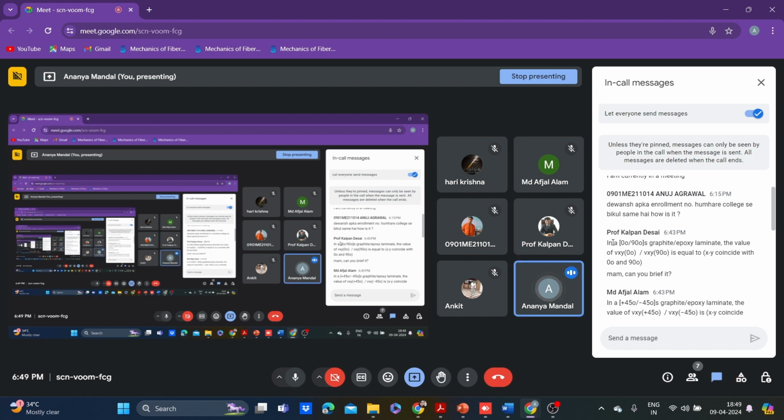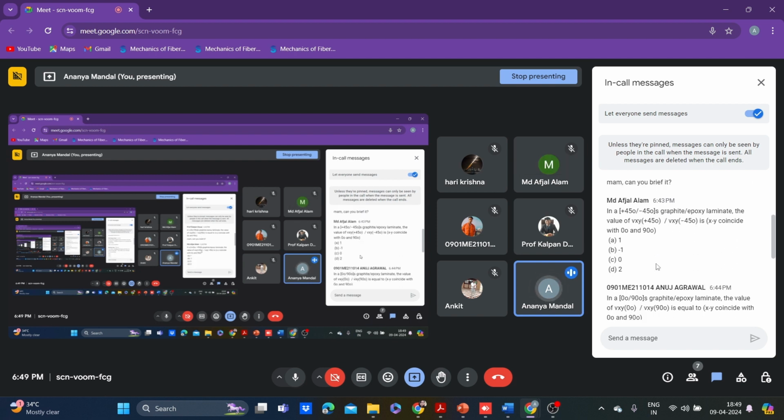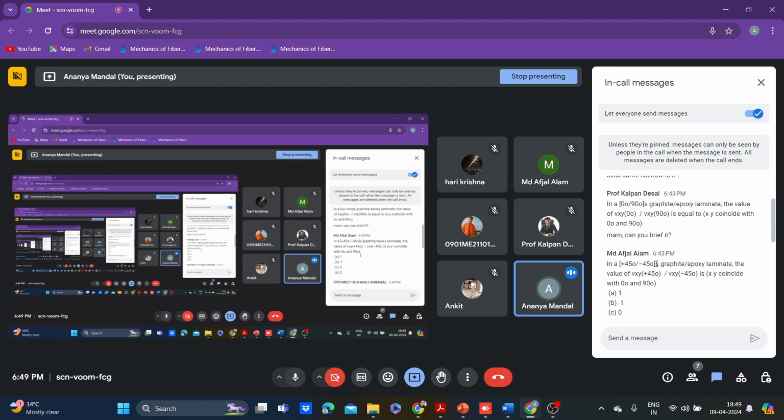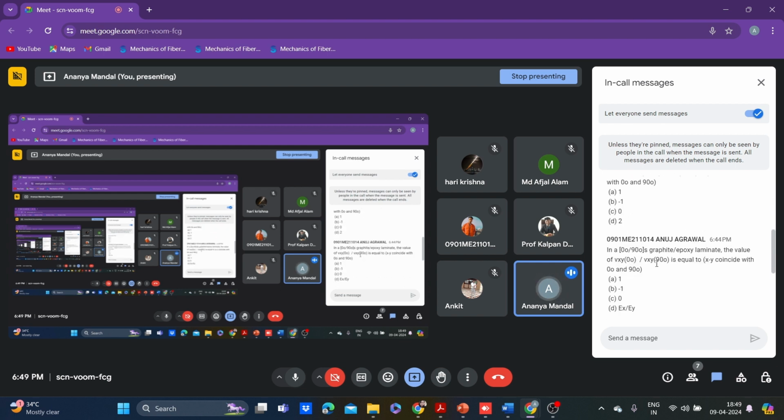Okay, so Professor Kalpan Desai, you have also asked the same question about mu. So it will be Ex by Ey. It's the same question asked by Anuj. So here the answer will be equal to Ex by Ey. That you can also verify. See, Ex is stress by strain, and from the strain values, stress by strain, and the Poisson ratio, you can derive it also.